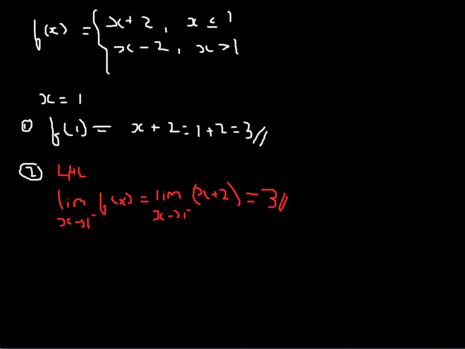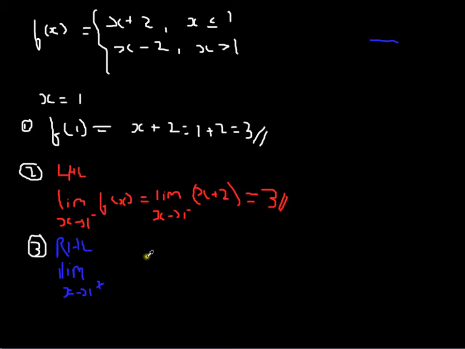Now the third step is checking the RHL. So RHL will be limit x tends to 1 plus, because in this case we're talking about the values to the right hand side of the 0 in the graph, right?